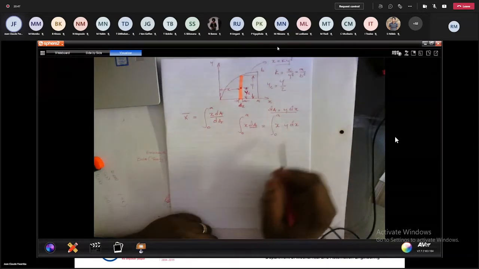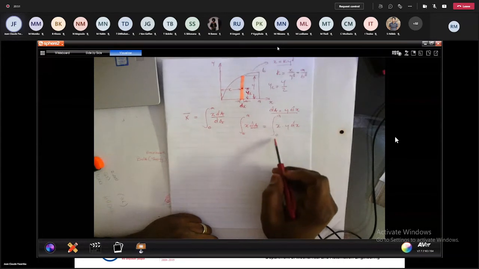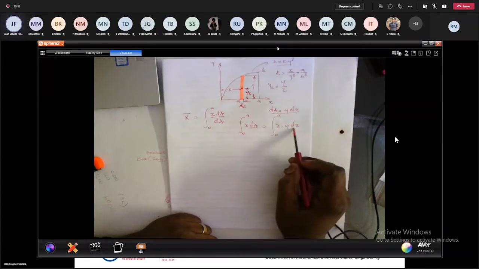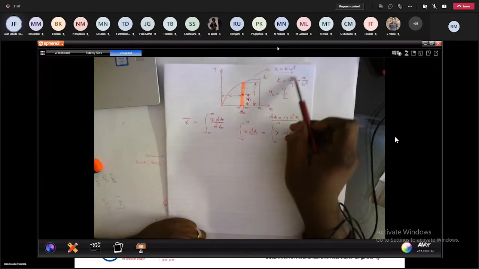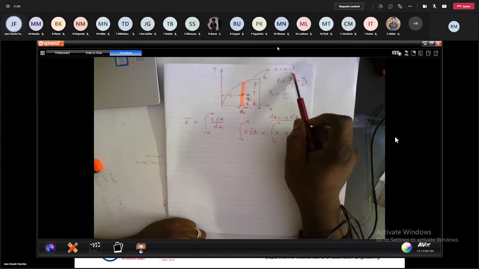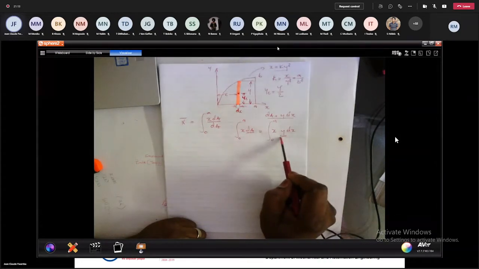Because my integration is being driven by dx, having y, I cannot solve it. So I need to change the y into x. How do I do that? I go back into my function. Can I express my function in terms of y and replace it here?